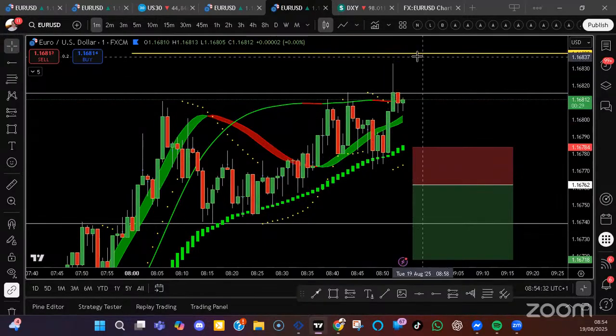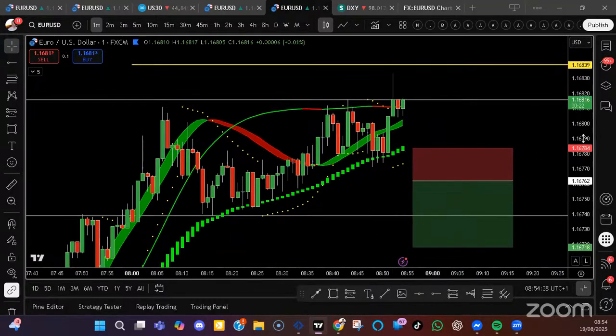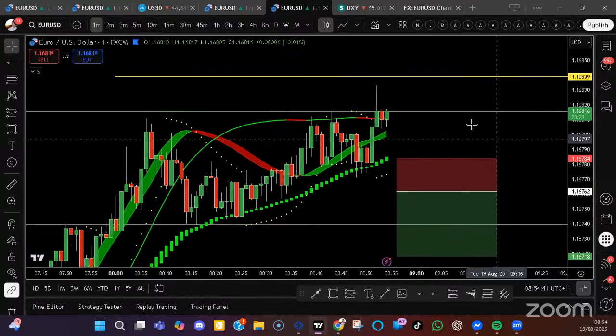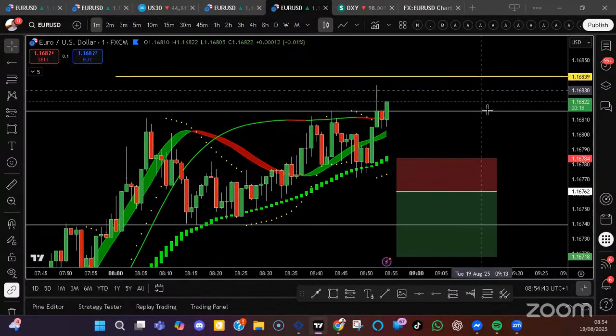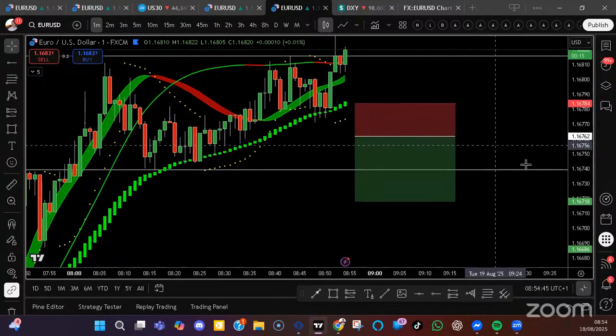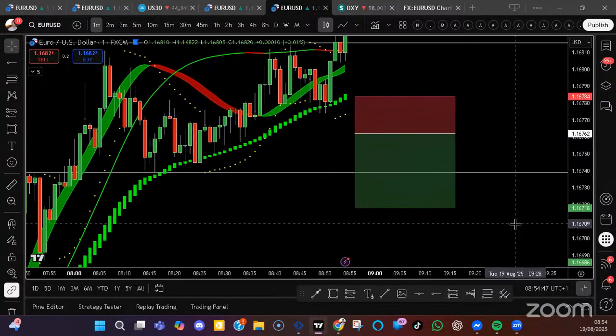Got a sell zone up there, so I know there's more sell orders up here. So I wouldn't want to be taking any buys anyway, because it could be short-lived. But I'm really pleased. I haven't lost any money.